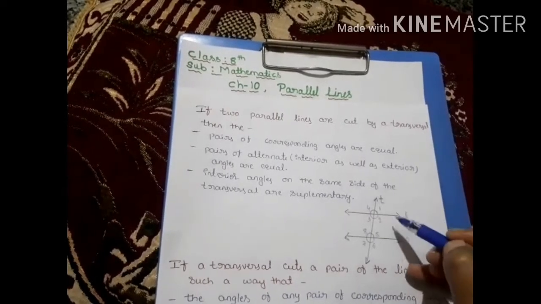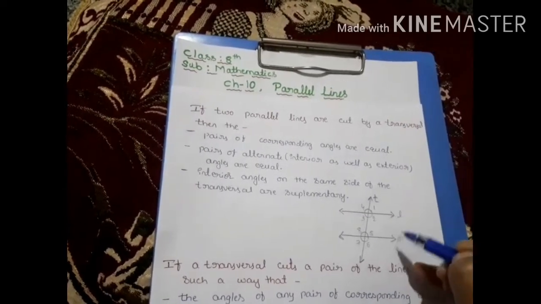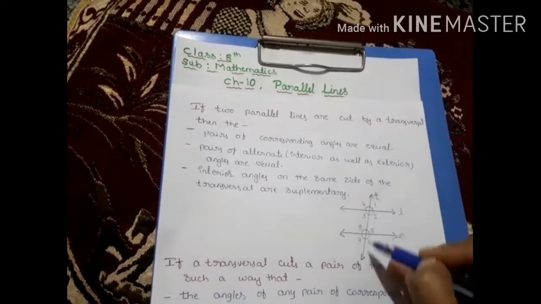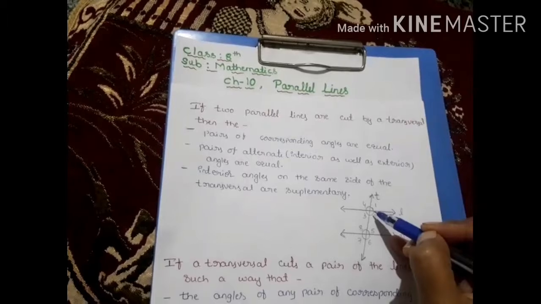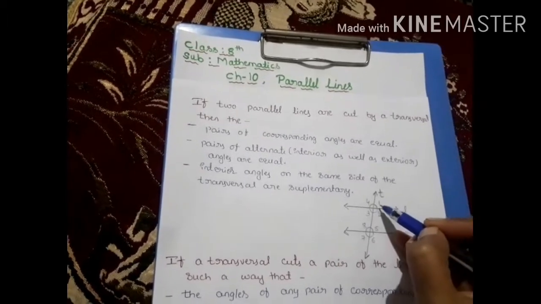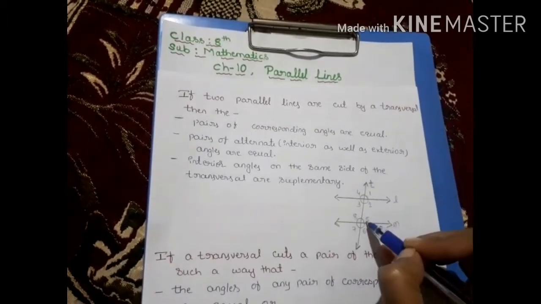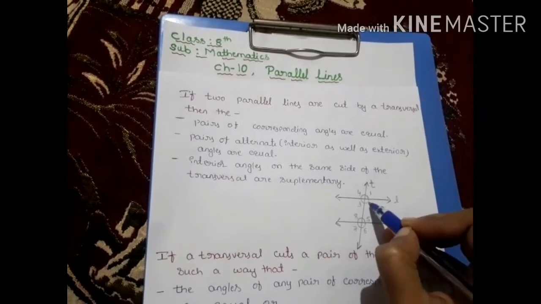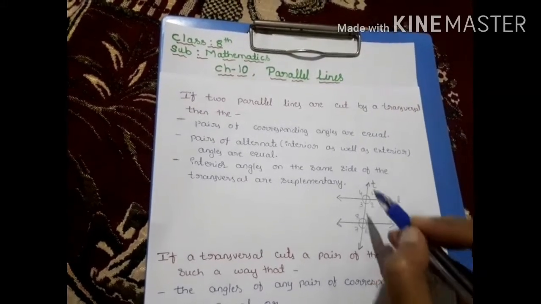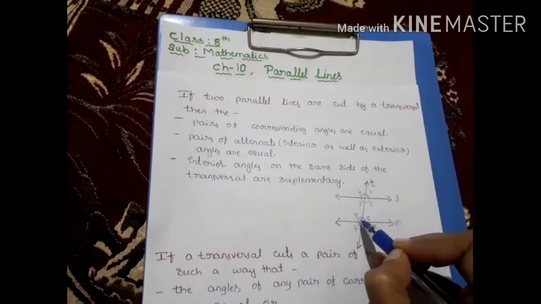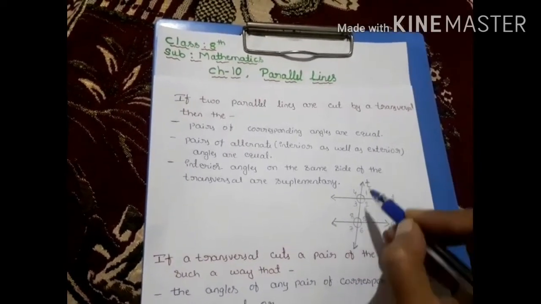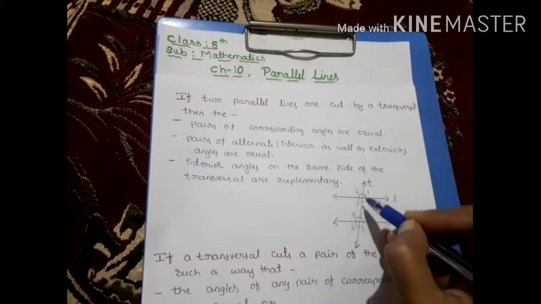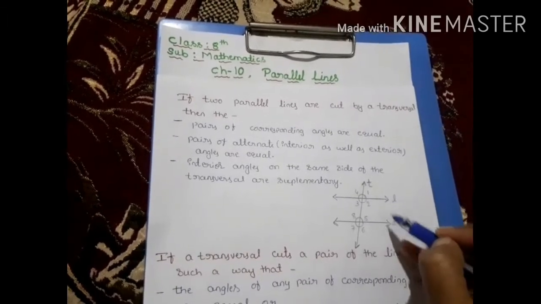So when L and M are parallel and T is the transversal, corresponding angles are always equal: angle 1 equals angle 5, angle 2 equals angle 6, angle 4 equals angle 8, angle 3 equals angle 7.